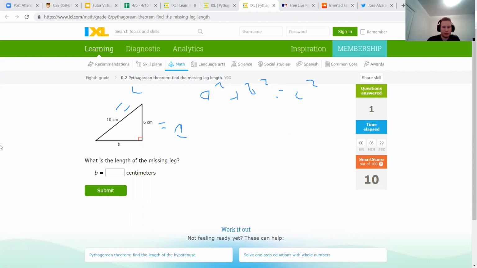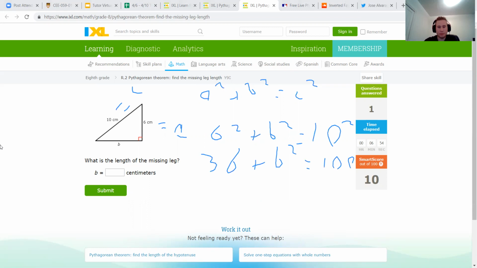A is 6, so 6 squared, plus B squared equals the hypotenuse, 10 squared. Then just solve these out: 6 squared is 36, and 10 squared is 100.